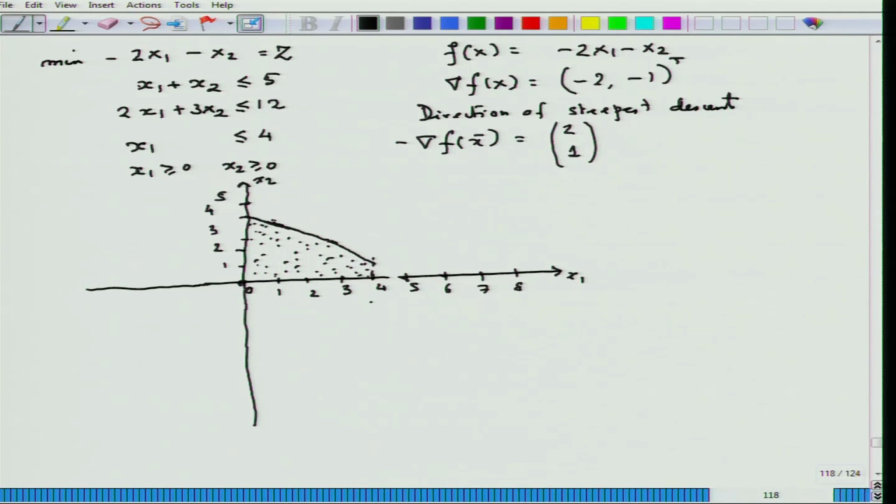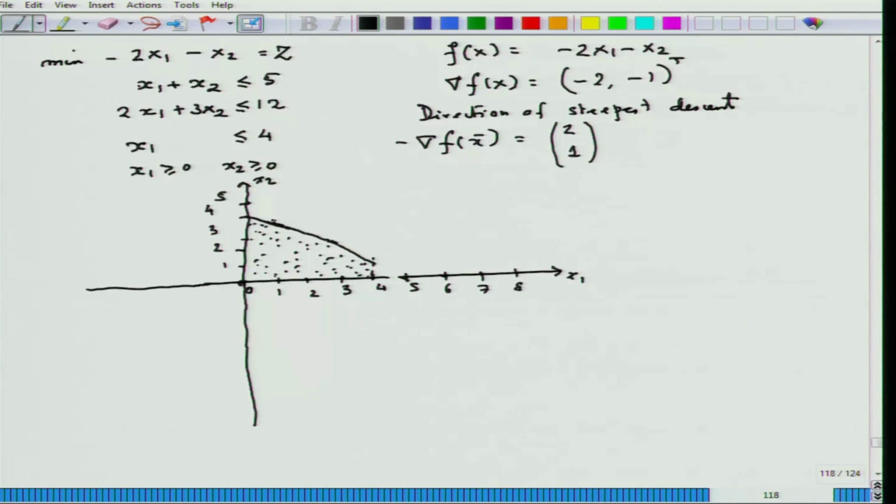So, what is my direction of descent? What is my problem here? Minus 2 x1 minus x2. So, when x2 is 0, so here you see, if I look at this curve, so this is constant.